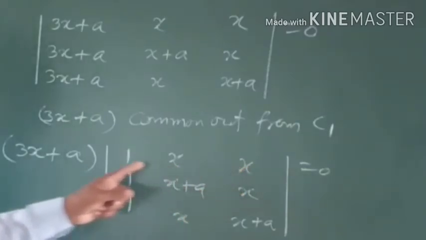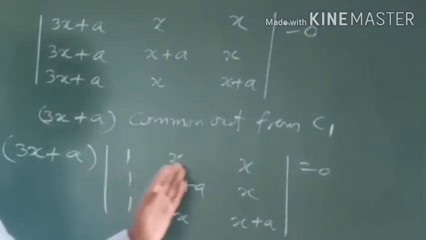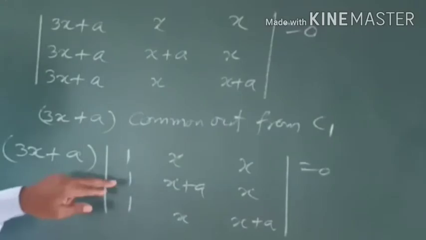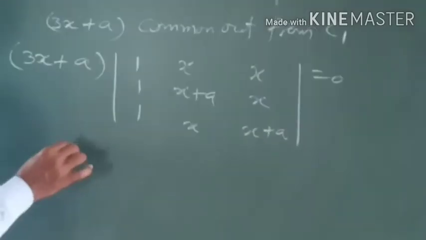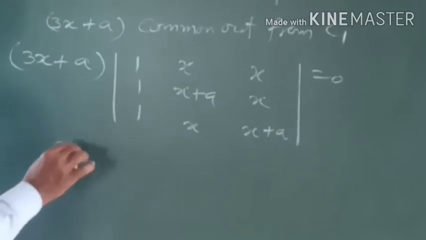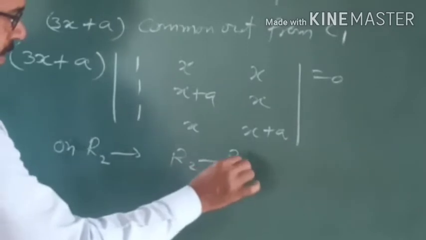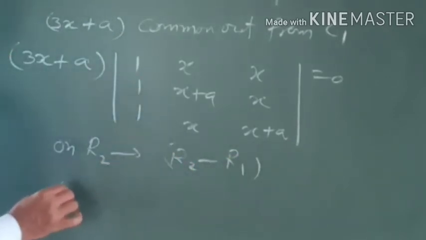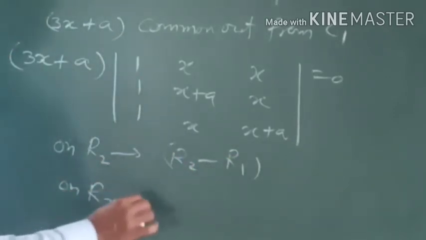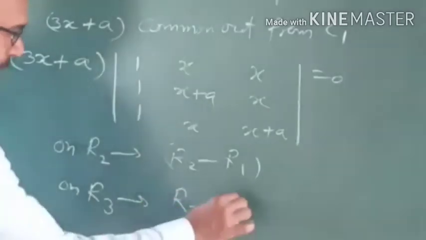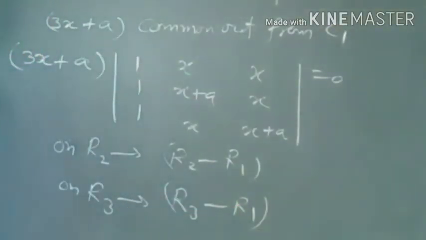Here the first row is simple, only 1, x, x. So use R2 minus R1 and R3 minus R1. Apply R2 minus R1 on R2 and one more, R3 minus R1, on R3.